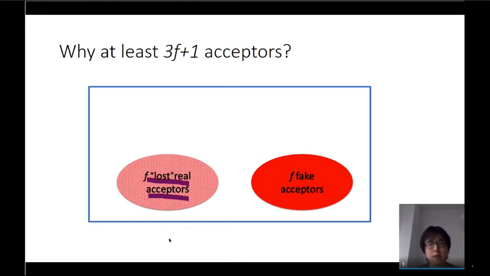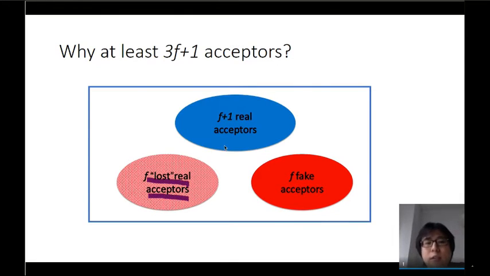So with these F fake acceptors in the protocol and F lost real acceptors we cannot get in touch with, if we want to still be safe, we need at least F plus 1 other real acceptors in the system. Because if we don't have F plus 1, the F fake acceptors can take over the system and bring the system into an inconsistent state.